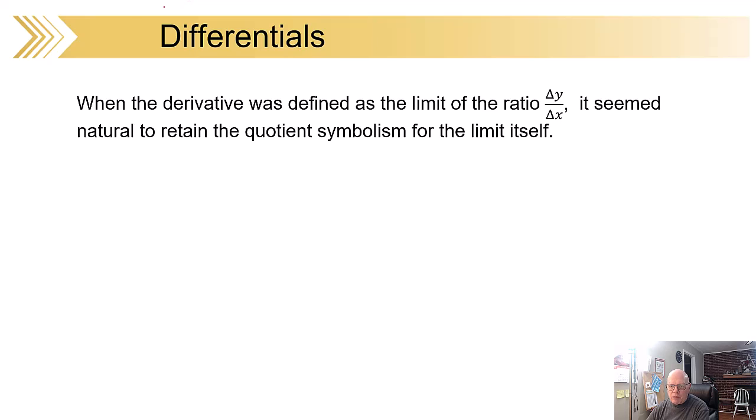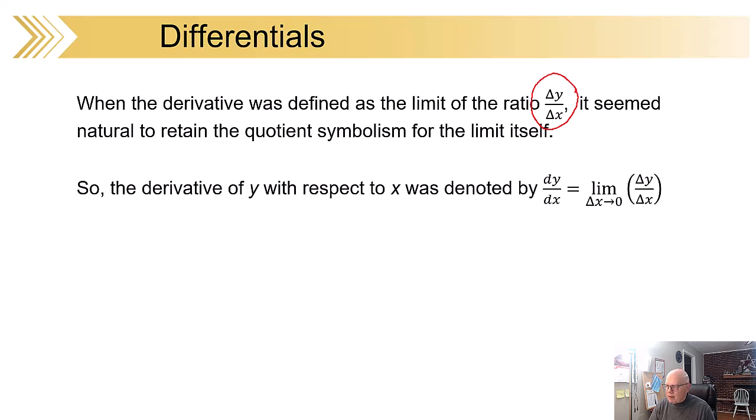First of all, you might remember that when we began back in chapter 2, we talked about the ratio delta y over delta x. Remember that? That was in the definition of the actual derivative itself. Does this look familiar? Sure it does. We used that in section 2-1, if you remember, when we started the derivative chapter.